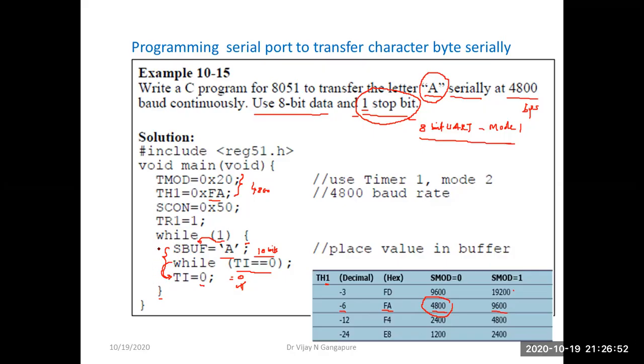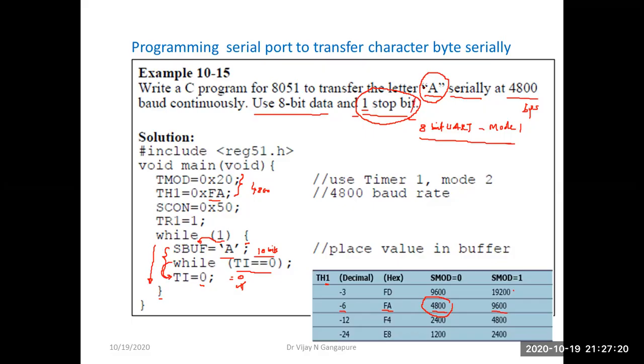One pass through this loop causes this character A to be transmitted serially on the TXD pin of 8051. In this way, the statements in this while loop keep repeating, so we are continuously transmitting character A on the TXD pin of the serial port of 8051.